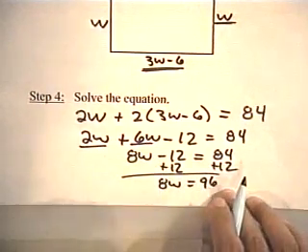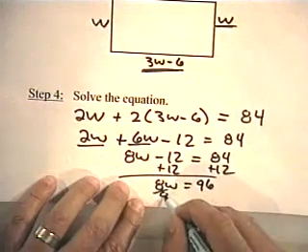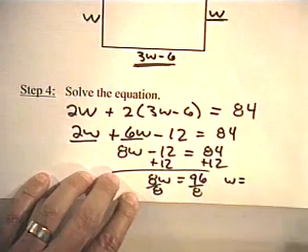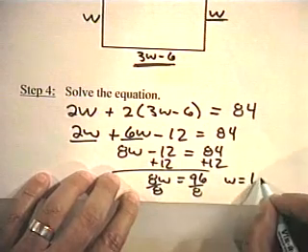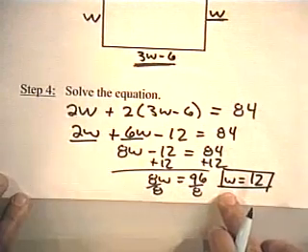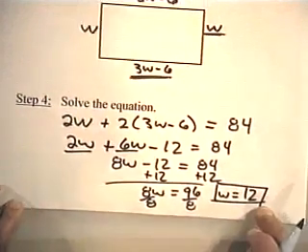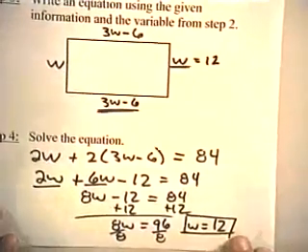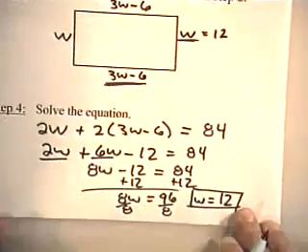And if I divide both sides by 8, w is equal to, what's that, 12. So I have solved my equation. So what does that 12 represent? Well, that represents the width.